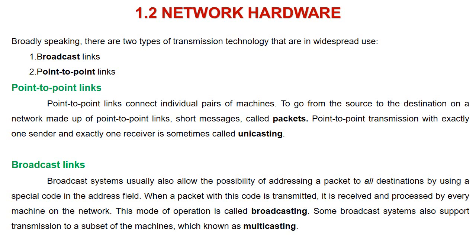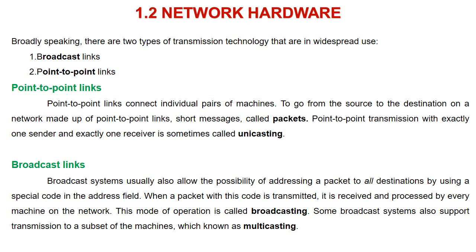What is this point to point link? By the name itself, you can understand there will be individual pairs of machines connected through the network. Here we are using short messages called packets. These packets will be sent from one source to the destination using point to point transmission.